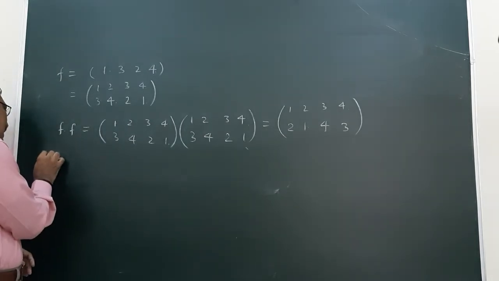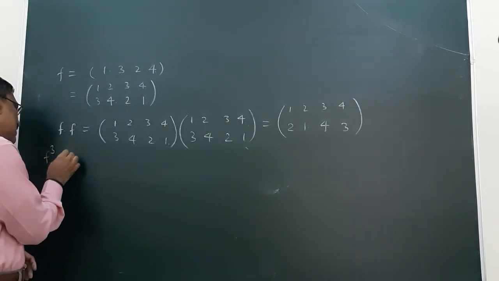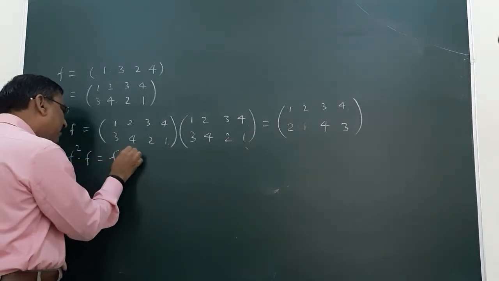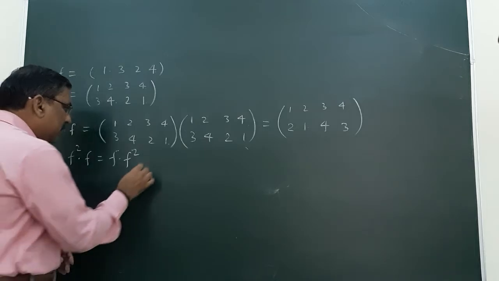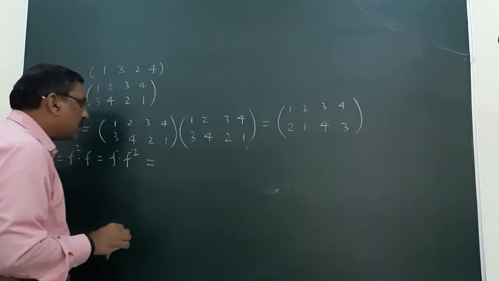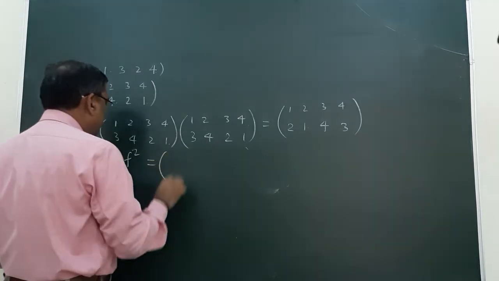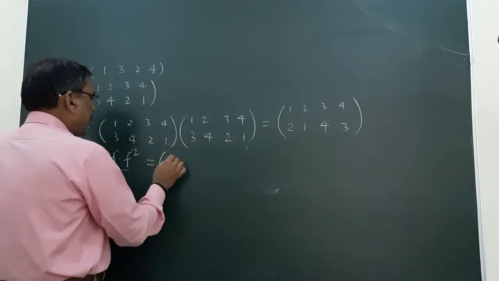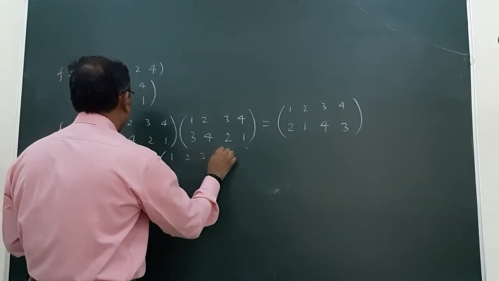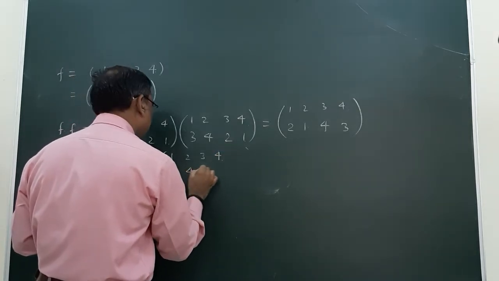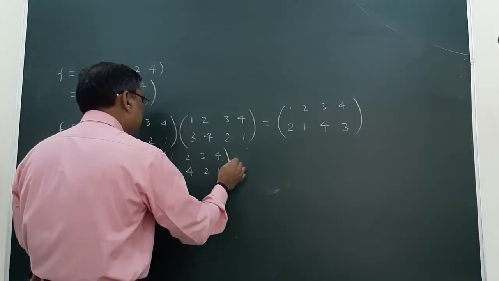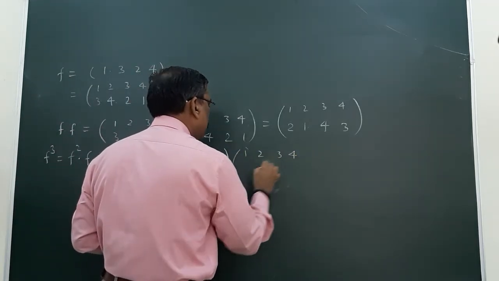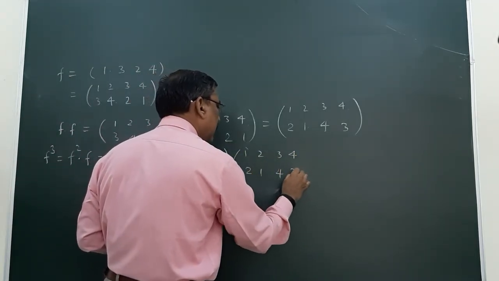Now in order to find f cube, I can write f square into f. From here I will find f: 1, 2, 3 and 4, this is your f, 3, 4, 2, 1. And what is f square? As you find here, 1, 2, 3, 4, 2, 1, 4, 3.